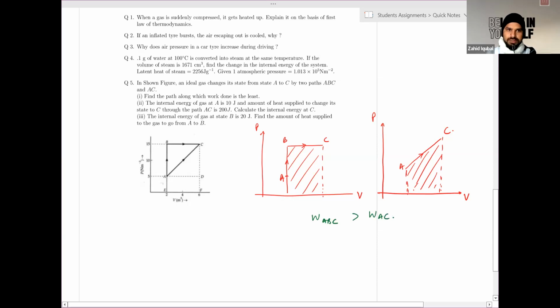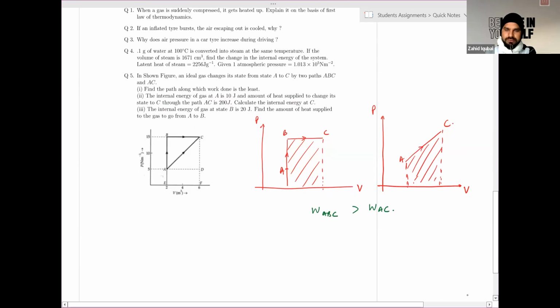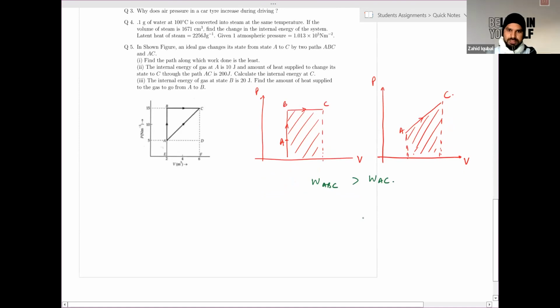Now next, the internal energy of gas at point A is 10 joule, and the amount of heat supplied to change its state to C through path AC is 200 joule. Calculate internal energy at point C. So first we have to calculate work done along this path. Work done along path AC will be area under the graph A to C, and this particular diagram, I think, will be a trapezium.